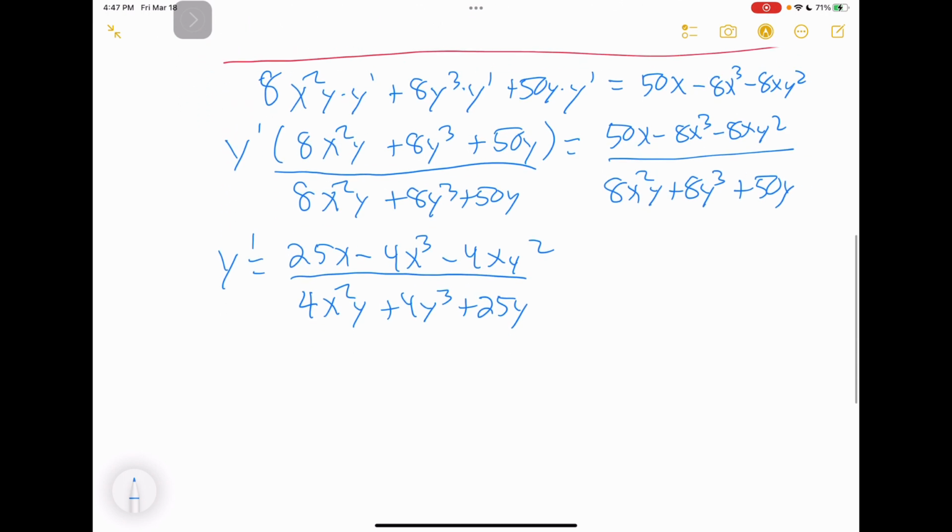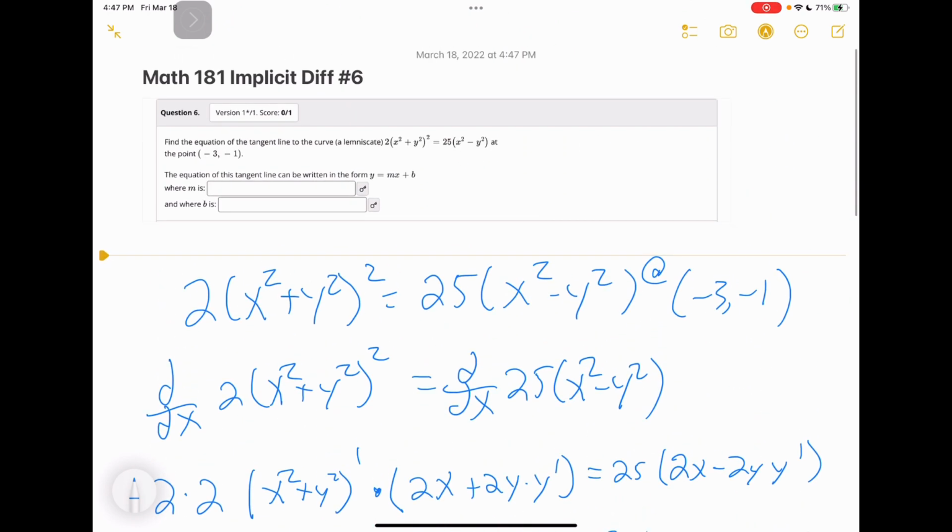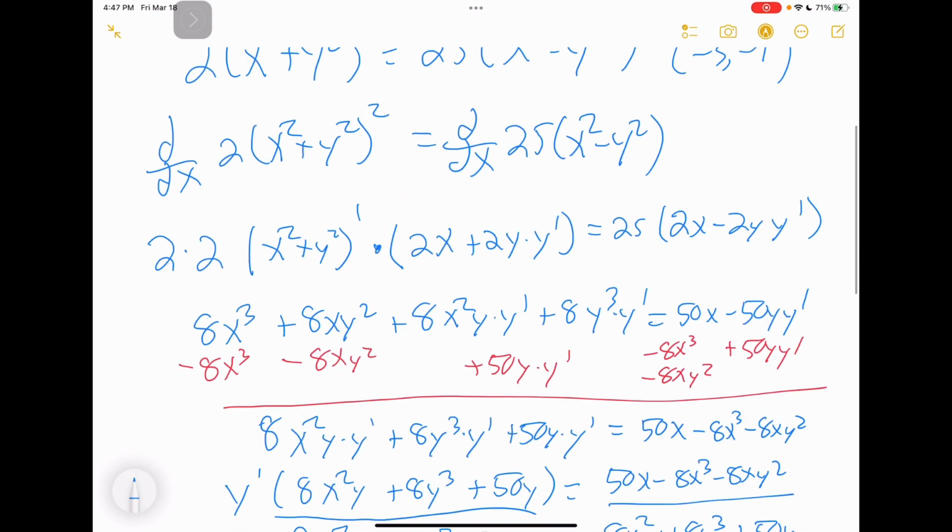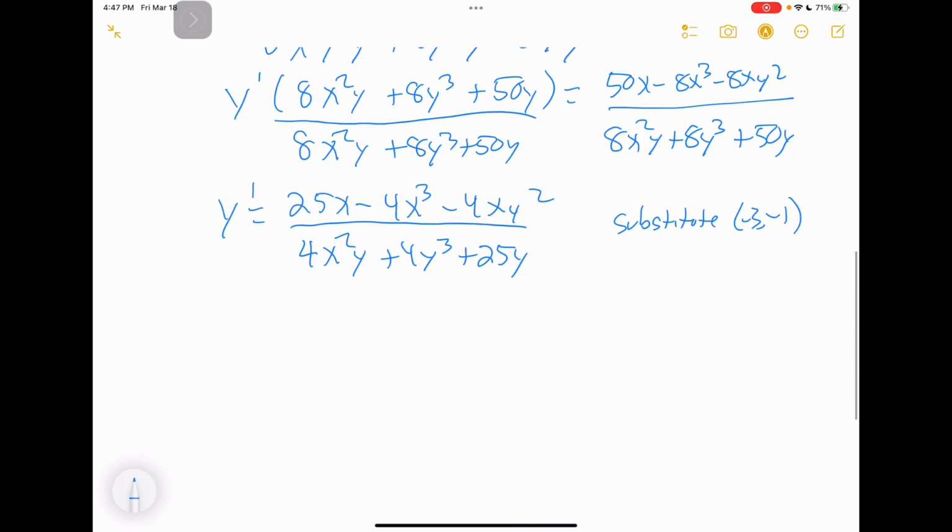Okay, so we're now going to plug in (-3, -1). Let me confirm that is what we're after. Yep. Okay, so -3 goes in for the x's, and -1 goes in for the y's.